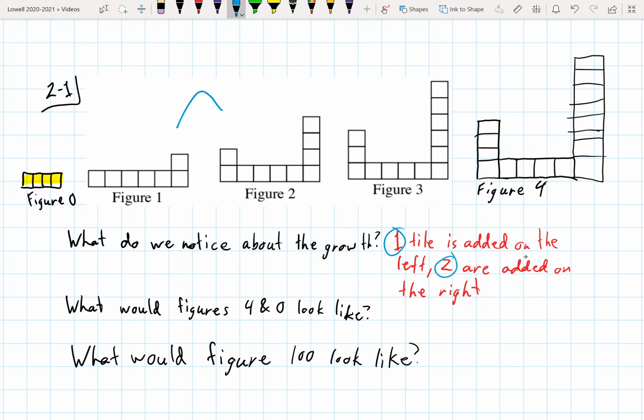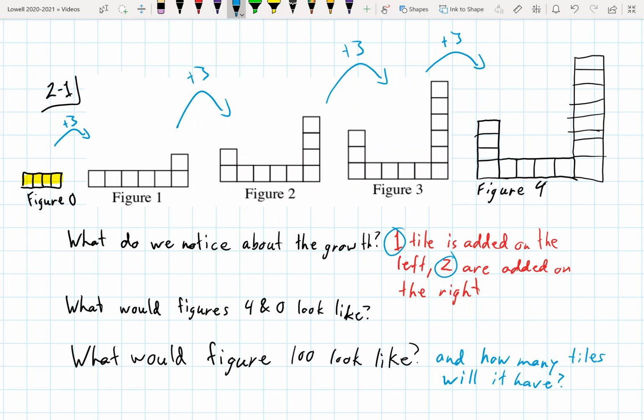So going from one to the next is always plus 3, plus 3, plus 3, at least to the total amount. The question is, well, what would figure 100 look like once again? And how many tiles will it have?